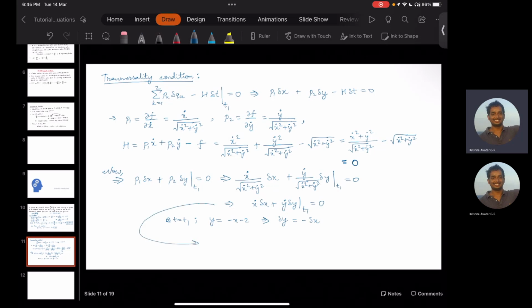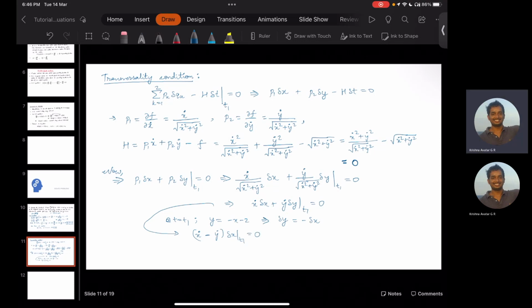So this equation eventually becomes x dot plus, sorry, x dot, yeah, plus, and I'll just substitute this relation there, x dot minus y dot into del x at t1 is equal to 0.